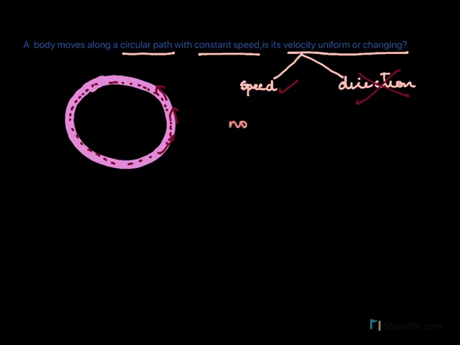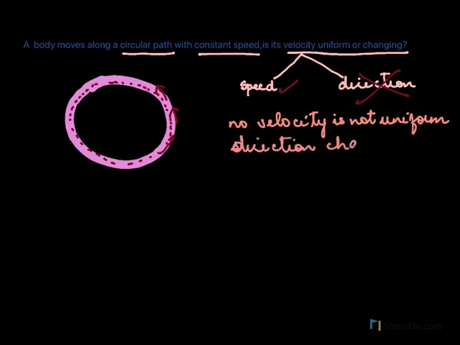We say no. Velocity is not uniform. And why is velocity not uniform? Because speed is the same, but direction keeps changing. Direction changes in circular motion. So this motion is accelerated motion because the velocity keeps changing.